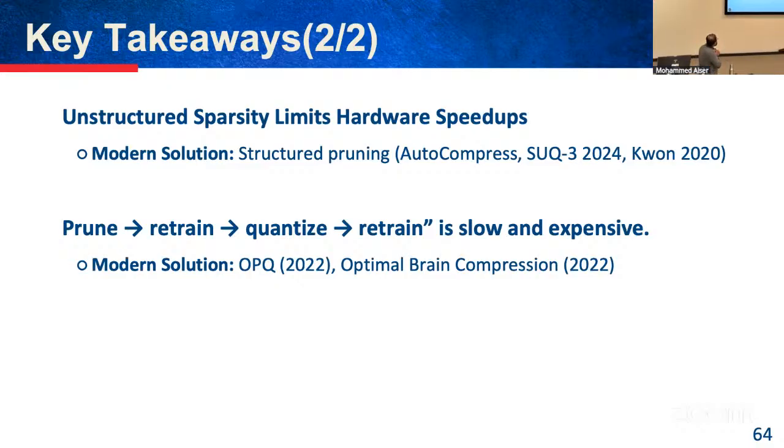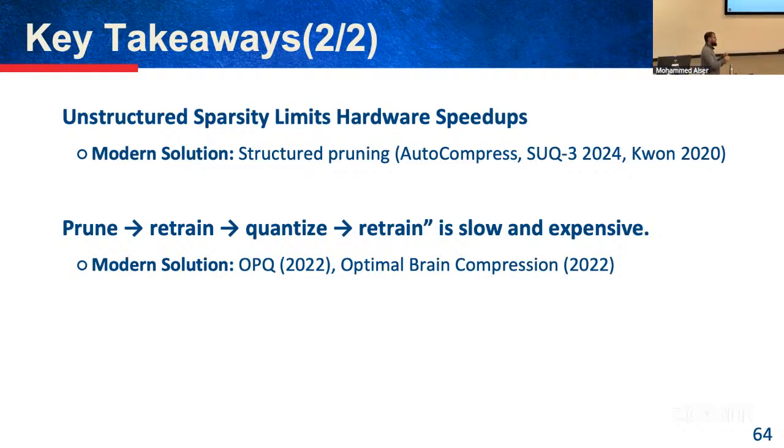Another takeaway is that unstructured sparsity limits hardware speedup. In this case, the good thing is that we have some new papers that do structured pruning that improve the sparsity handling. Another drawback is that prune, retrain, quantize, retrain is slow and expensive.